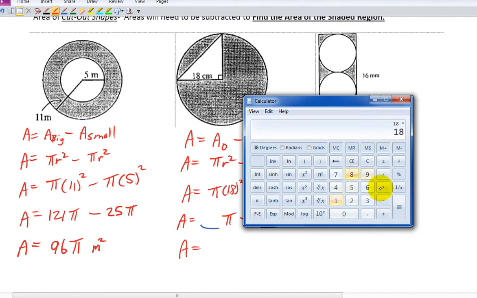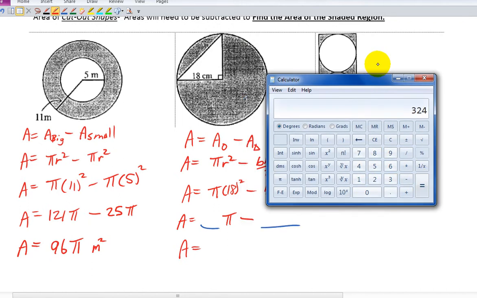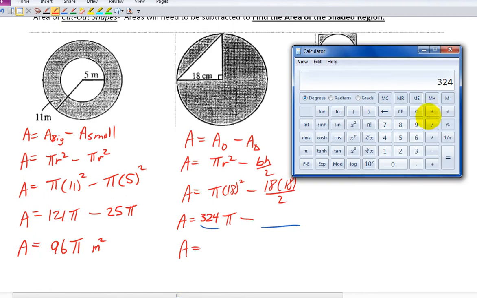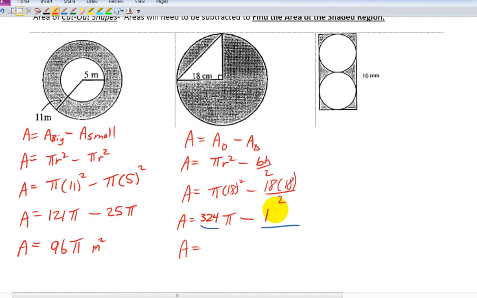So 18 times 18 is 324. That means I have 324 pies. Don't go to a decimal yet. You don't need to. And then you can figure out your triangle is 162. No pies there in your triangle, just 162 centimeters squared.